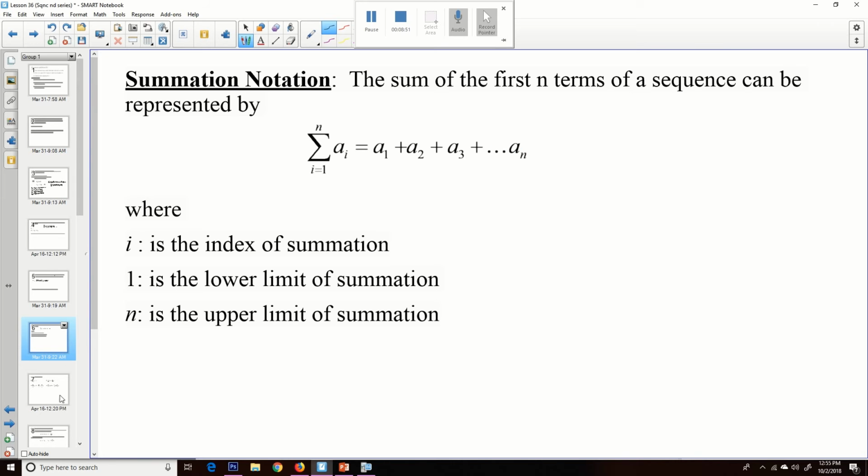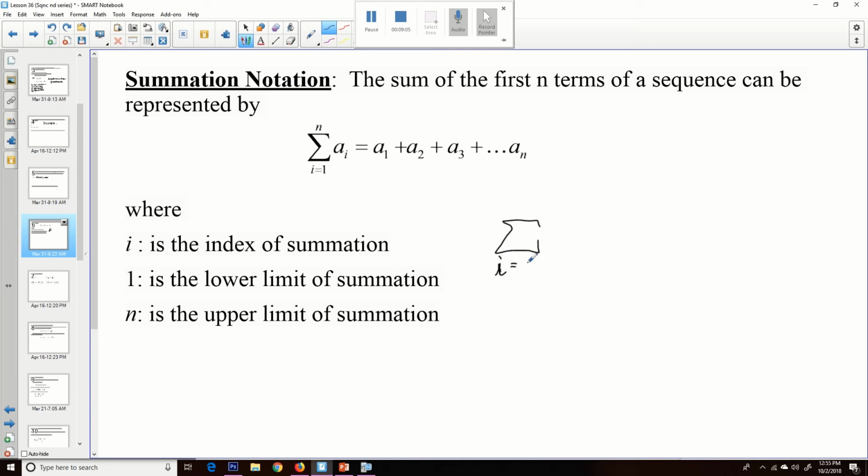Now, just as a real quick example right here, let's say I said what is the sum, let's do i equals 1 to 4, we'll keep it simple, of x squared. Well, what will that look like? It says plug all the values from 1 to 4 into x squared and add them up. When I plug 1 in, I get 1 squared. When I plug in 2, I get 2 squared.